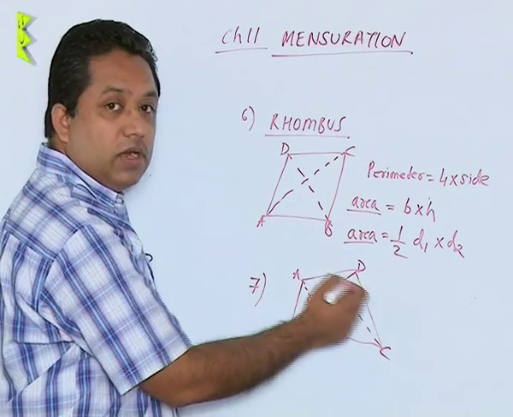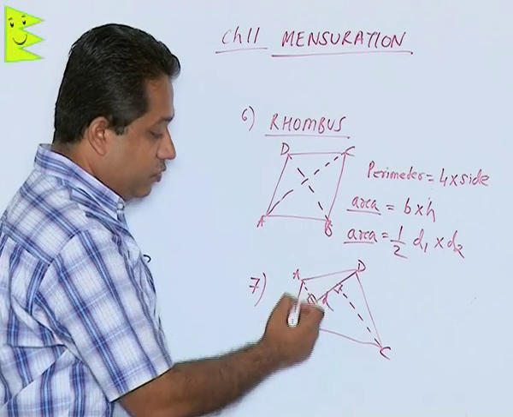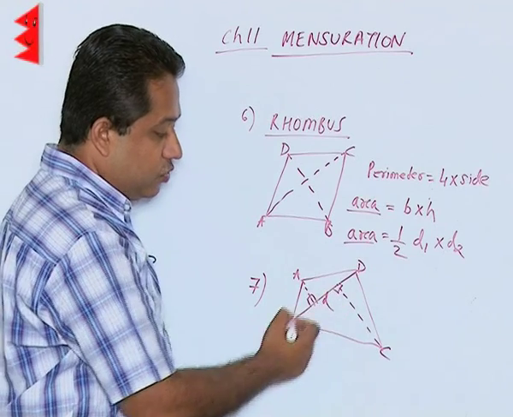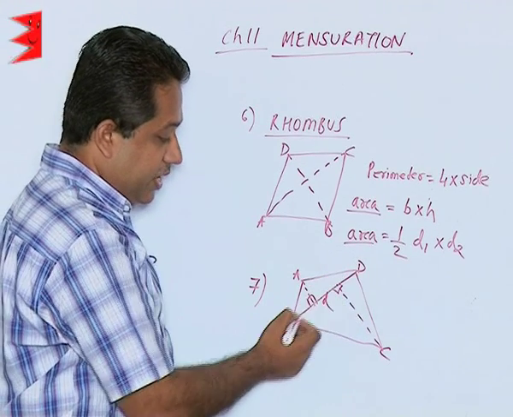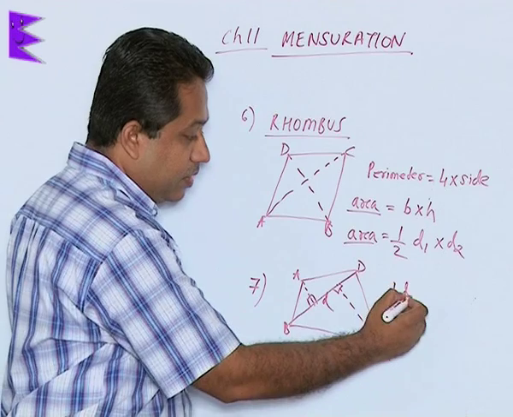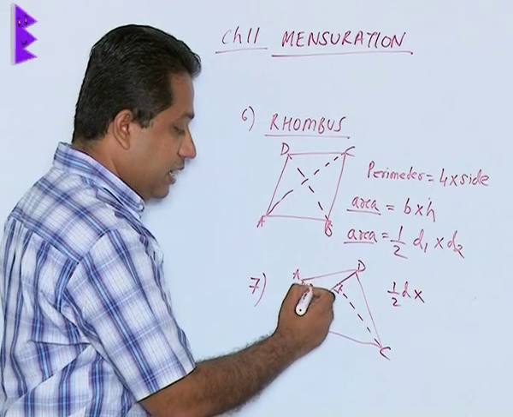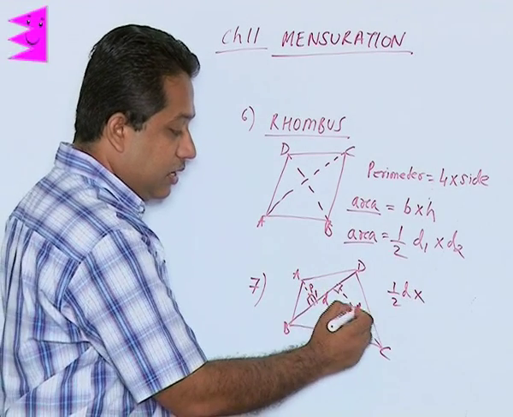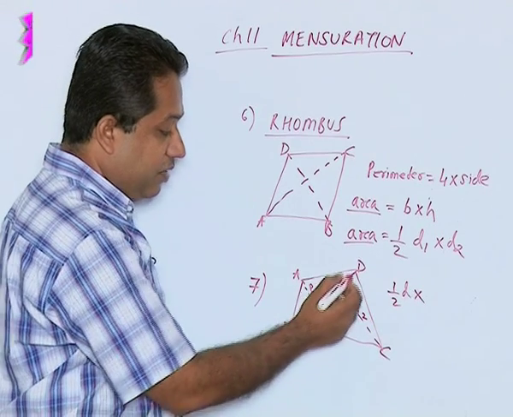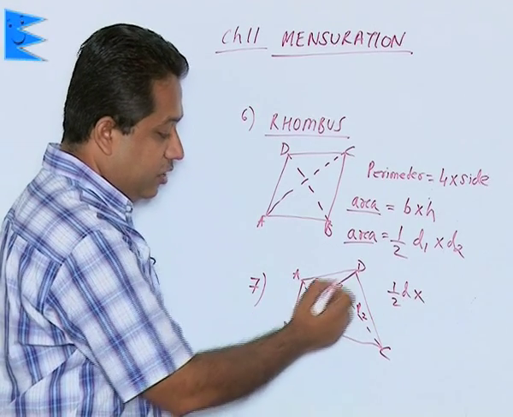So, area of a quadrilateral can be found by actually adding the area of these two triangles. So, we have the base here half diagonal into this perpendicular, let us denote it by P1 and this perpendicular by P2. So, half base into height, this is the area of this triangle.